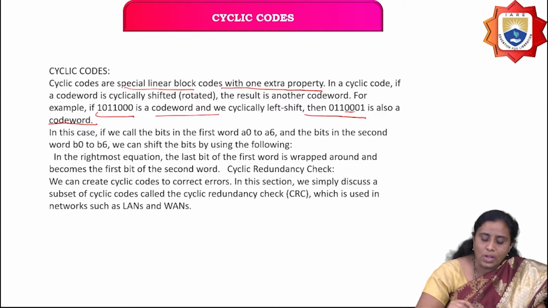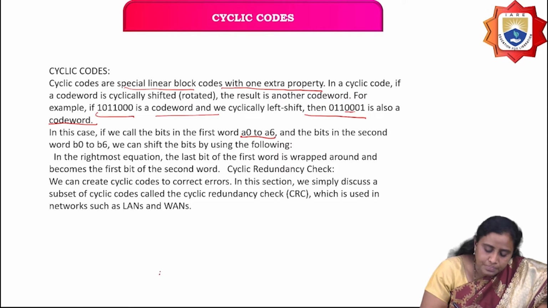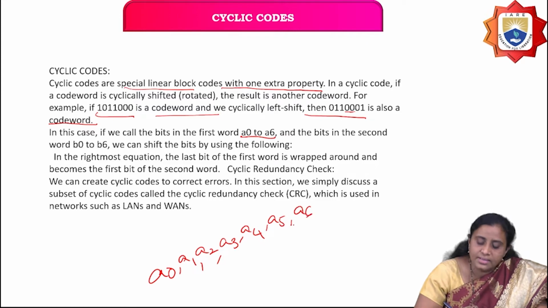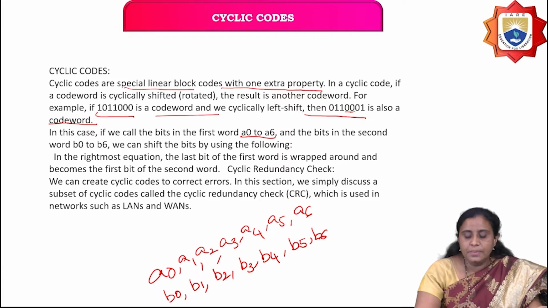If you call the bits in the first word a0, a1, a2, a3, a4, a5, a6, and the bits in the second code word b0, b1, b2, b3, b4, b5, b6, we can shift these bits using the following equations.